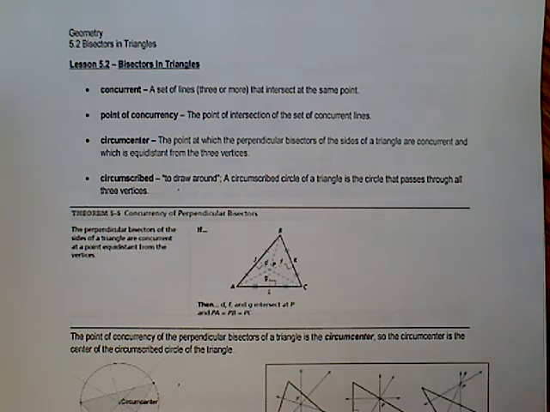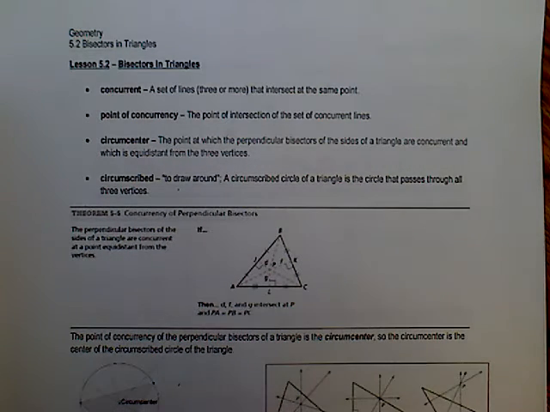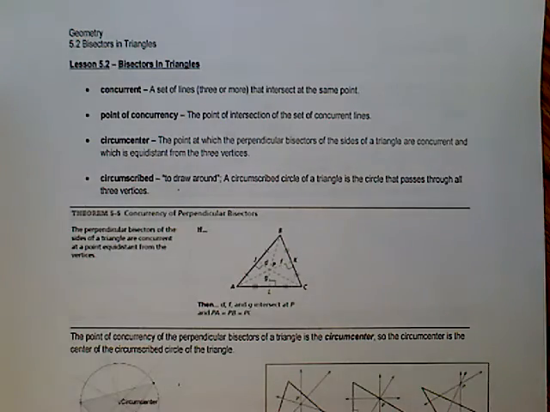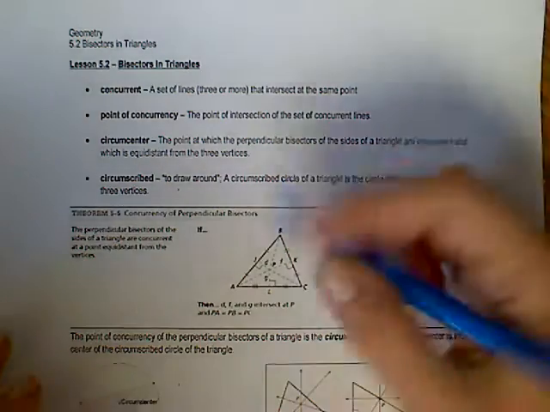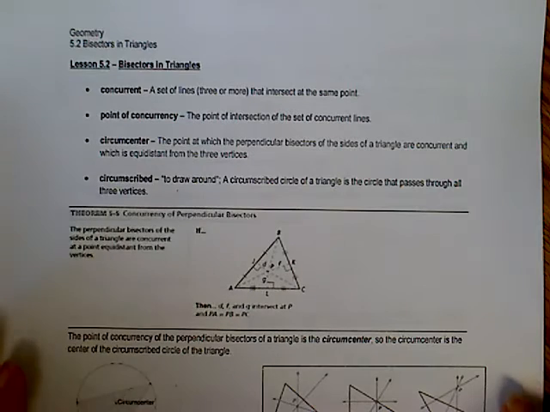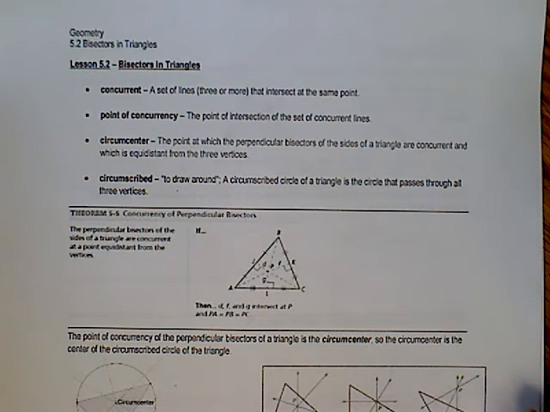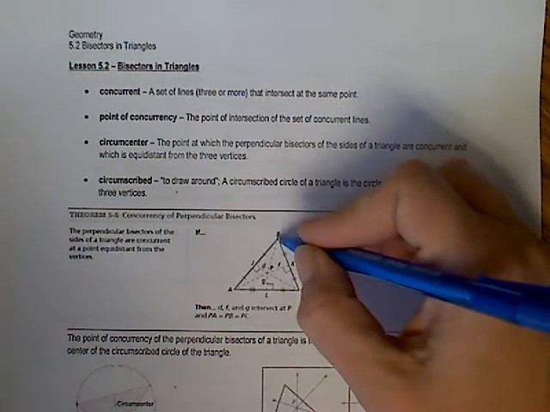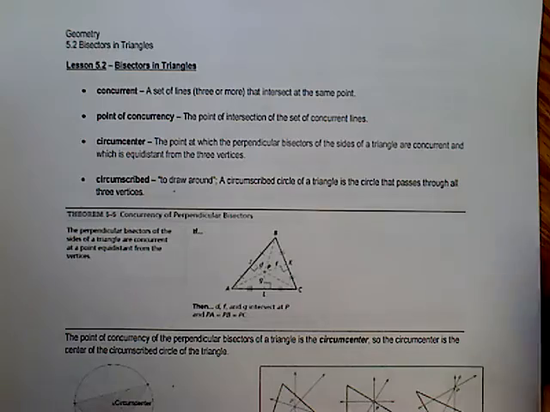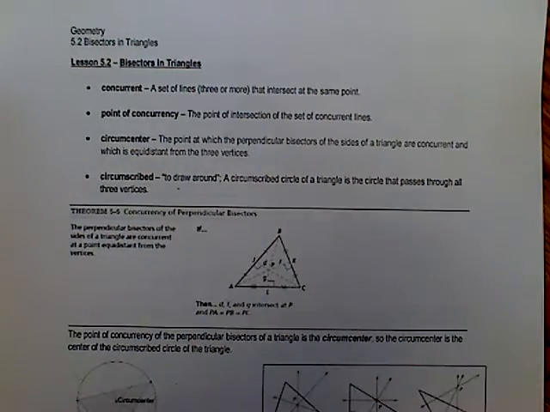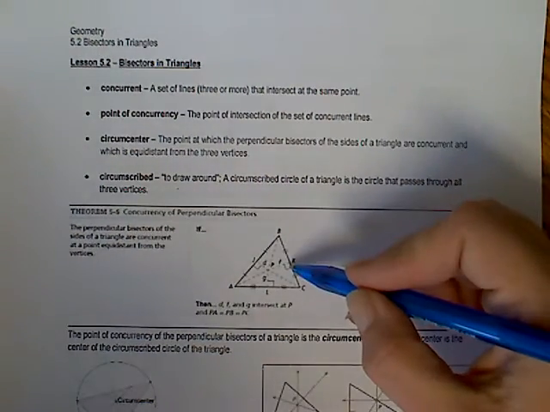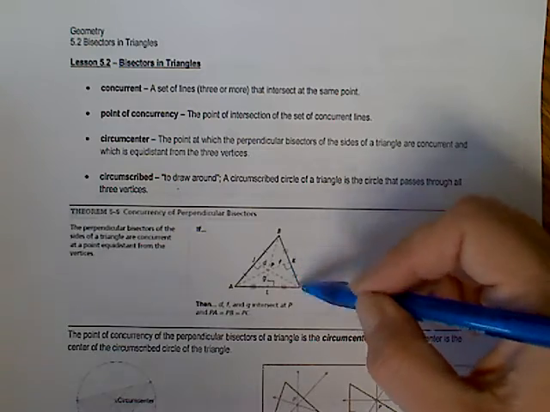It actually has a little bend in it because once it hits the center point, the point of concurrency, point P, it might have to bend to get to the other vertex, vertices we call these. So right now I've got three lines, and the lines are formed by perpendicular bisectors on one side.